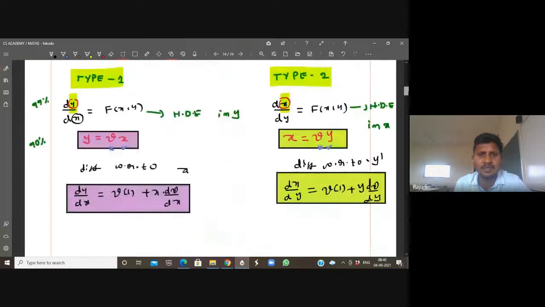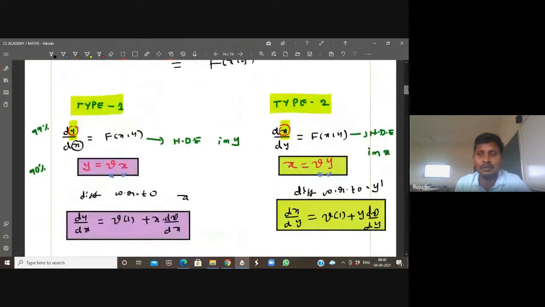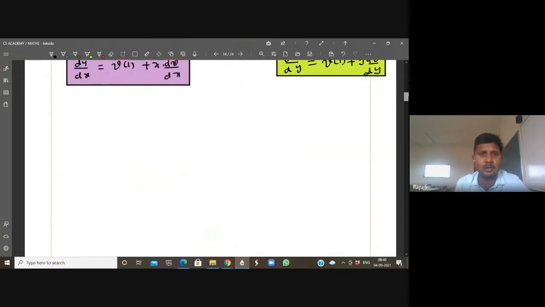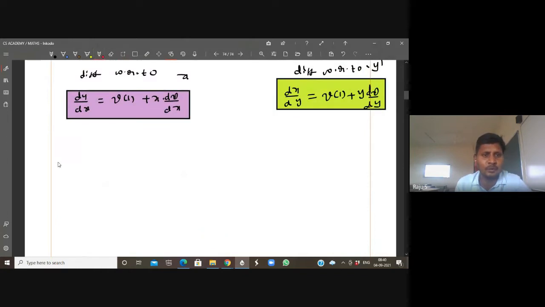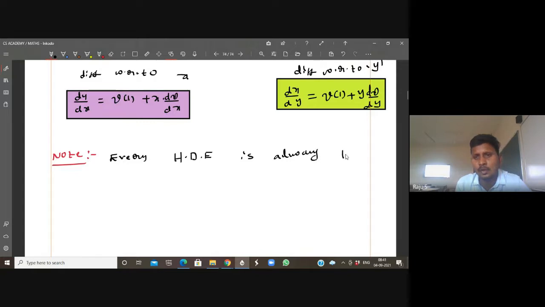This is about the procedure. First, we have to check whether it is homogeneous or not. One more important note: every homogeneous differential equation is always a homogeneous function, but the converse need not be true.